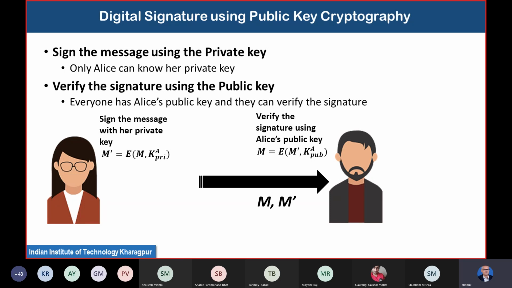So I would encrypt with the attacker's public key, and that message will go to the attacker, who will be able to decrypt it.